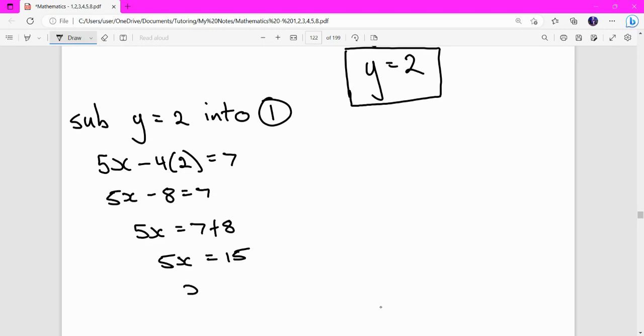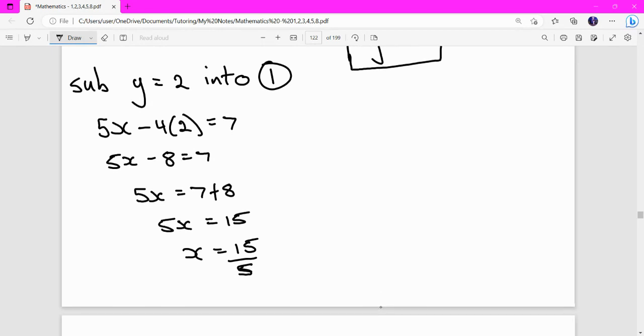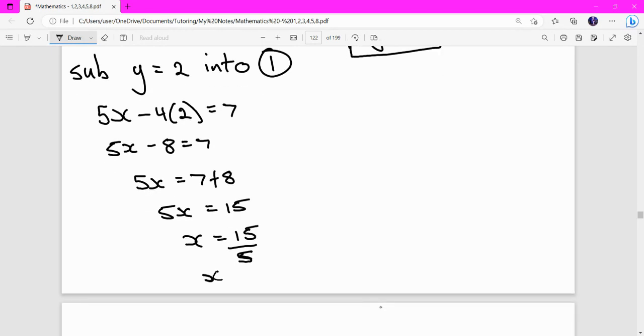So therefore x is equal to 15 all over 5, and that will give you x is equal to 3.